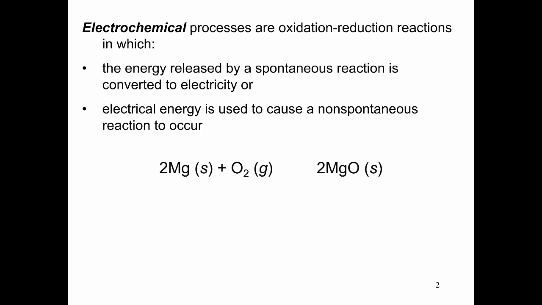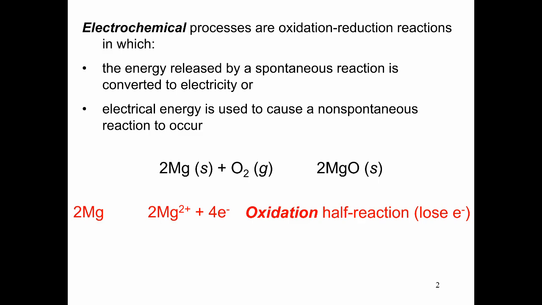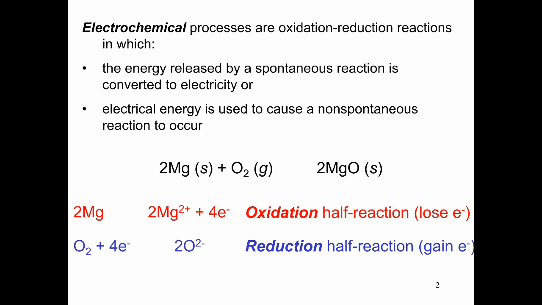Let's say, for example, magnesium metal and oxygen gas. I have missing arrows here, but anyway, your magnesium loses two electrons each, so that means a total of 4 electrons. This is the oxidation half reaction, which loses the electrons, and your oxygen is the one that gains them.